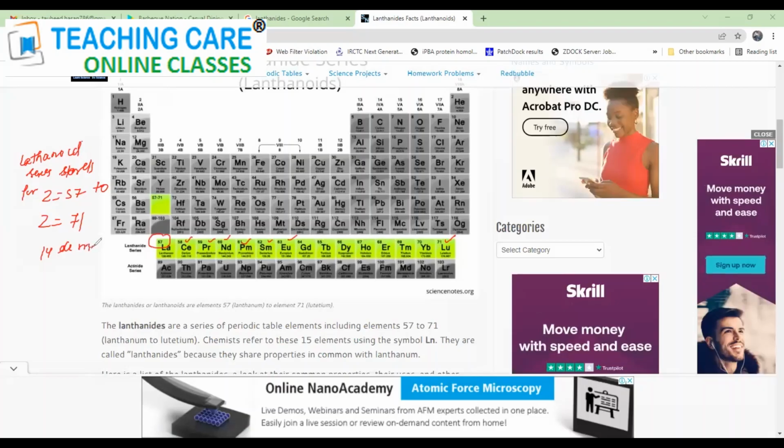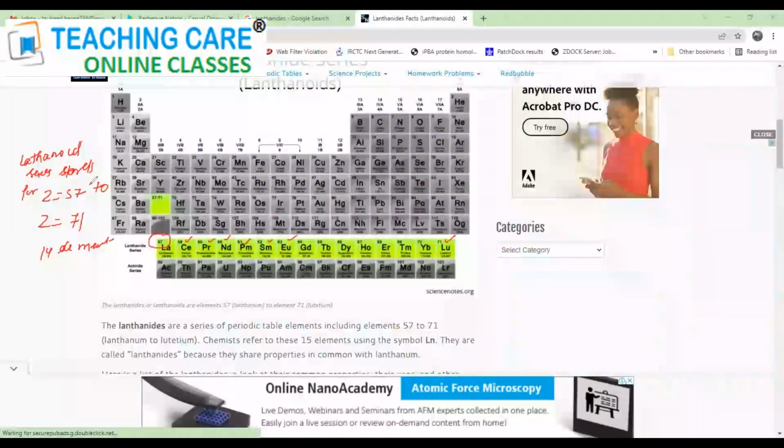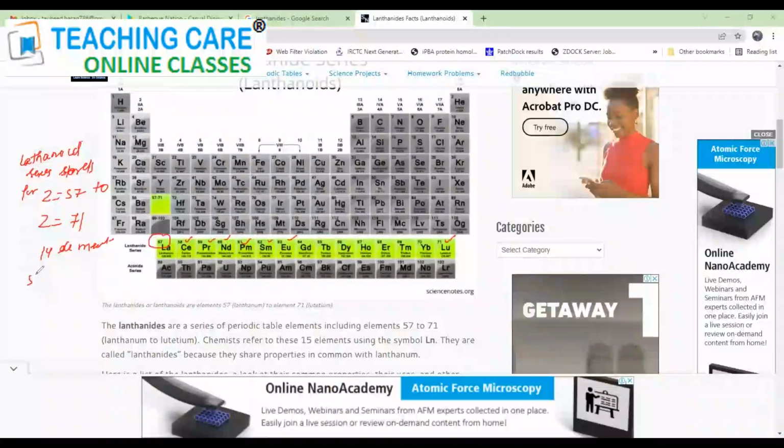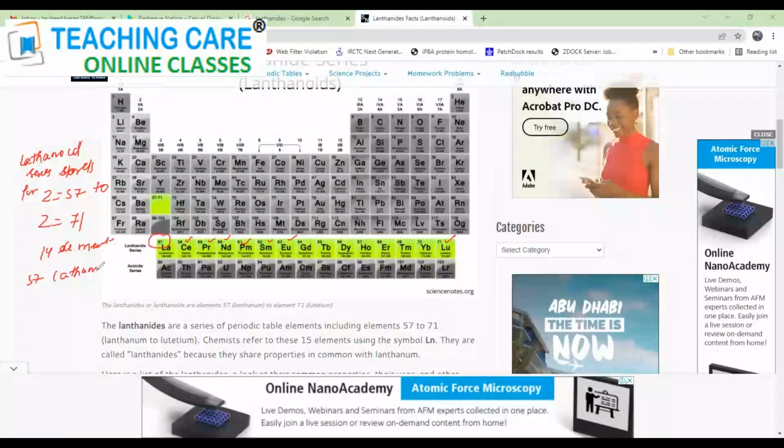Got it? So the first member of this group, number 57, is lanthanum, and the last member, 71, is lutetium. Okay.